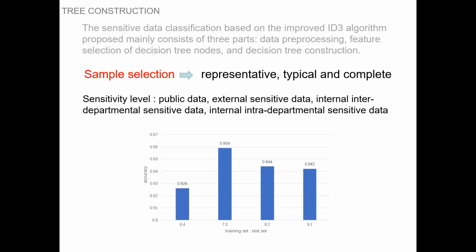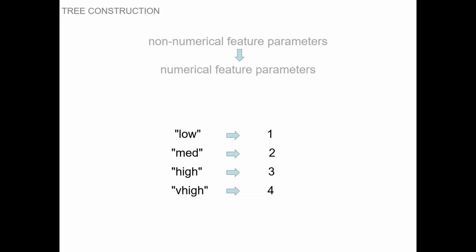After experiments on training sets of different sizes, it is finally found that the datasets divided according to the ratio of 7:3 can make the decision tree model achieve the optimal classification effect. And there are many non-numeric attribute values in sensitive data. In order to facilitate the establishment of the model and improve the computational efficiency of ID3 decision tree, we transform the non-numerical feature parameters in the original sensitive data into numerical feature parameters.